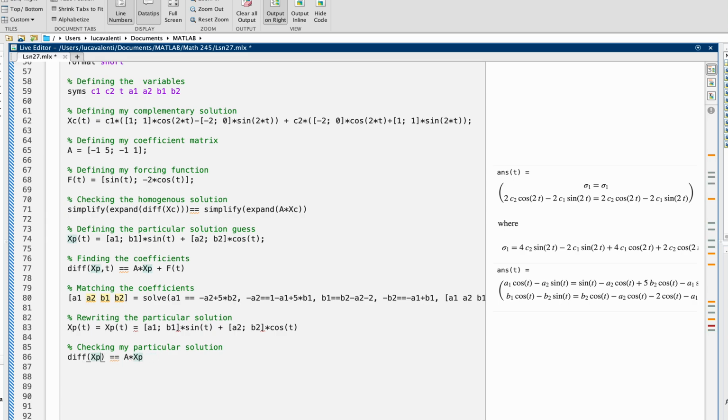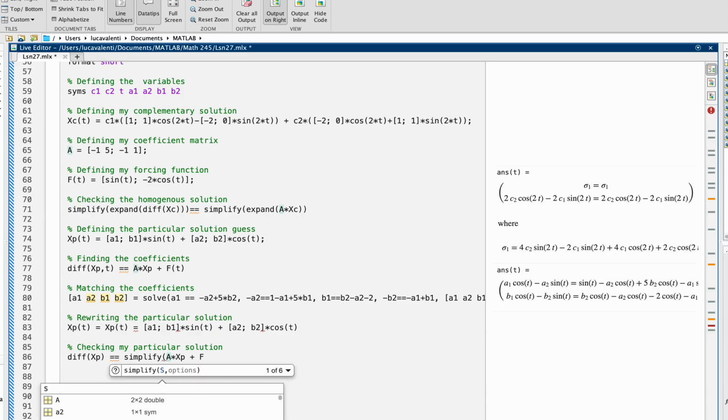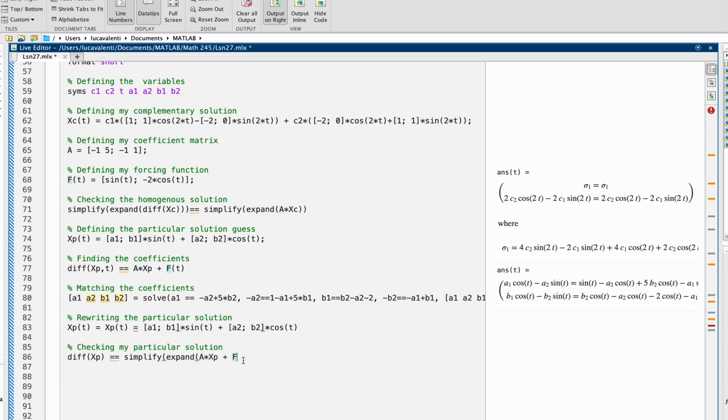So I don't even need to write of t. I just write xp plus f, and I'll do simplify after I expand, and the same here. I'll do simplify after I expand.